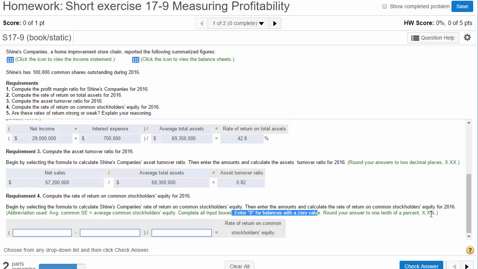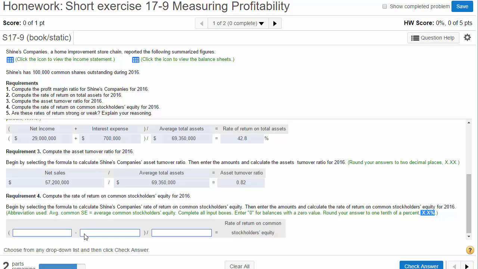And then once we convert it to a percentage by multiplying by 100, we need to round to 1 decimal. So the formula for rate of return on common stockholders' equity, the two things on top deal with the return portion.